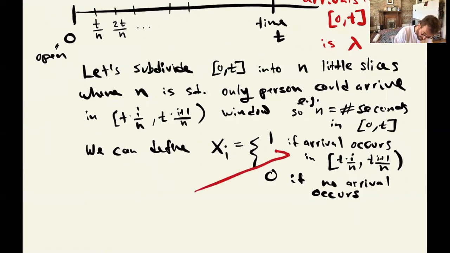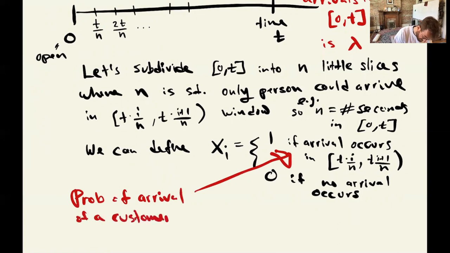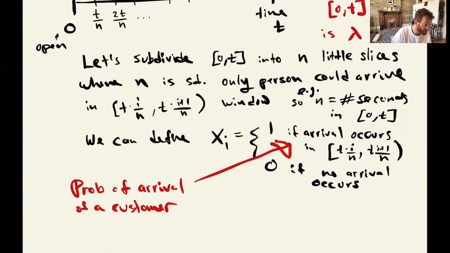So the probability of arrival of a customer. Well, if the average number of arrivals is lambda in that window of time, then I need to effectively take lambda and divide by t over n, or n over t.